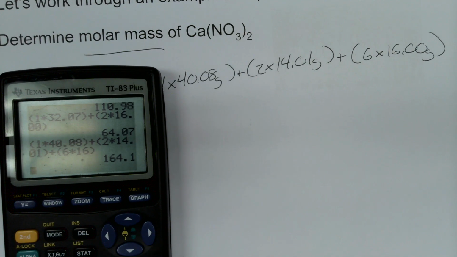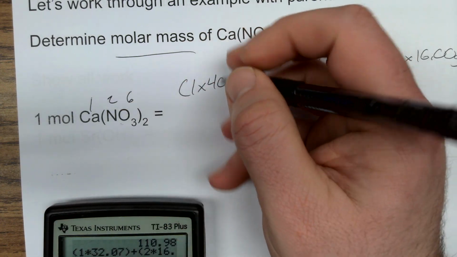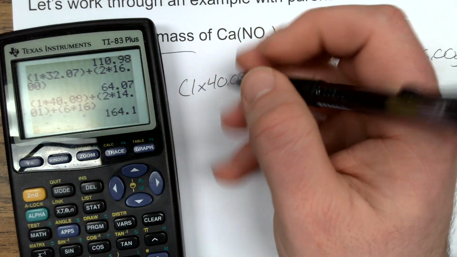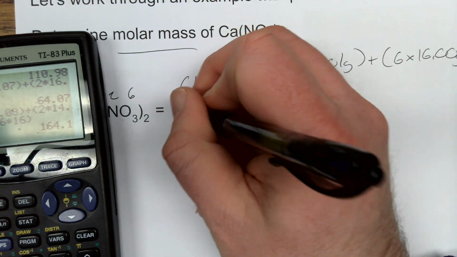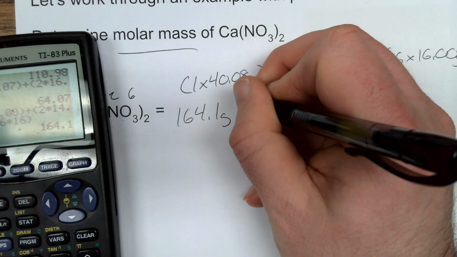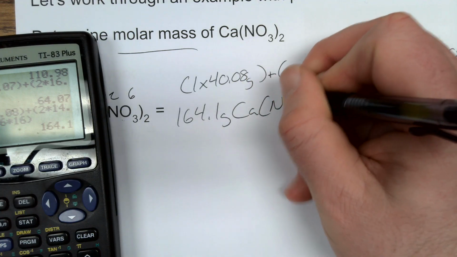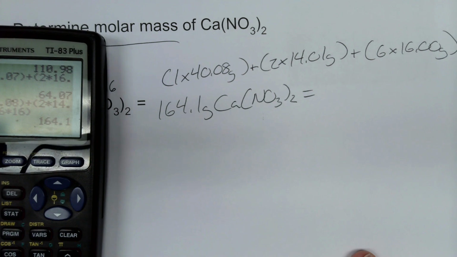I'm going to get a grand total of 1 mole of calcium nitrate equals 164.1 grams Ca(NO3)2. How many atoms does that equal?